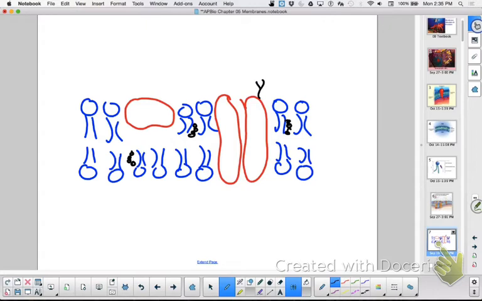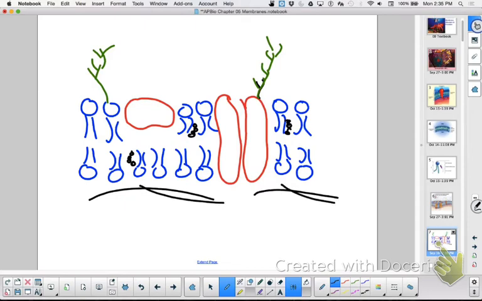I want it to be green. Okay, do you know what everything is on there? Tell me what is blue. Could you tell me about regions of it? Yeah, hydrophobic, and this would be hydrophilic.